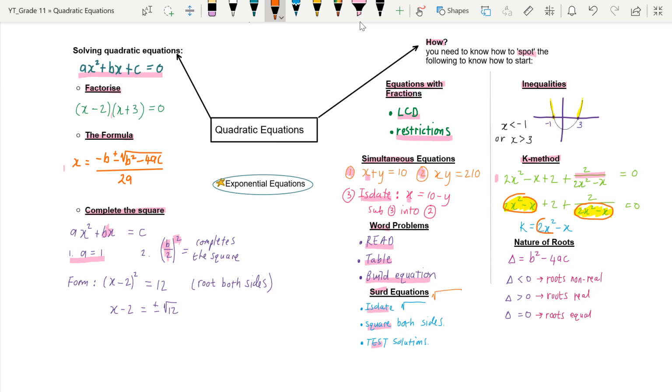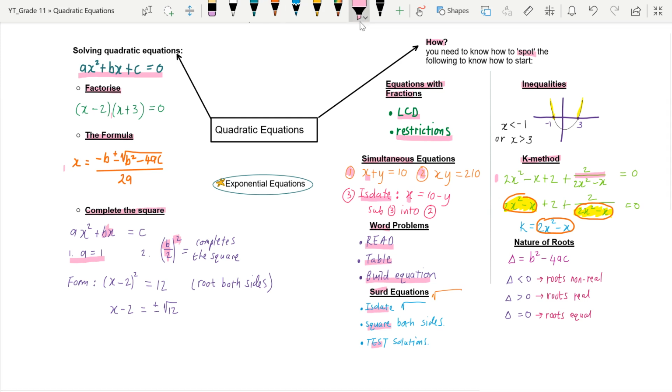Then we let that thing that repeats be equal to k. And then we solve for k, and then we'll bring back x later. So it's when we got something quite complicated like that, we're going to land up with x to the power of 4 when we try and make the denominators the same and things like that. We rather go for the k method.